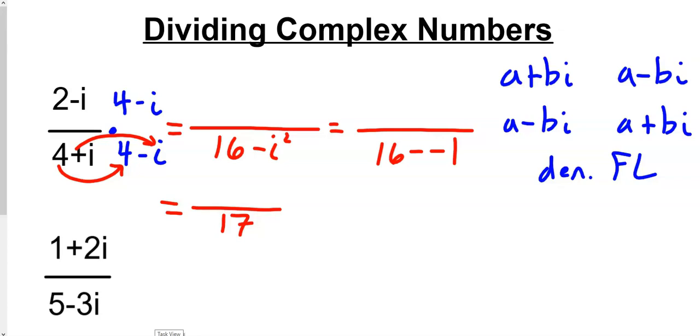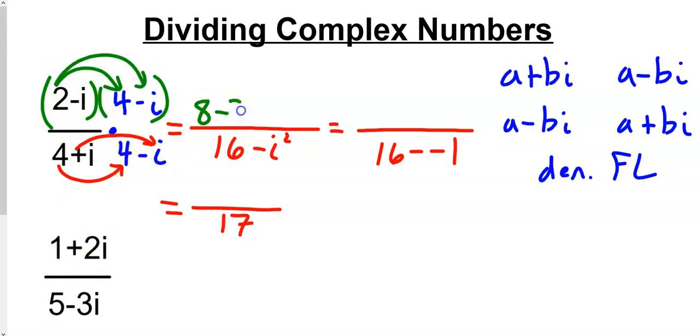Now we just work on the numerator. The numerator, this is going to be FOIL. Okay? First, outer, inner, last. So 2 times 4 is 8. 2 times negative i is negative 2i. Negative i times 4 is negative 4i. And negative i times a negative i is a positive i squared.